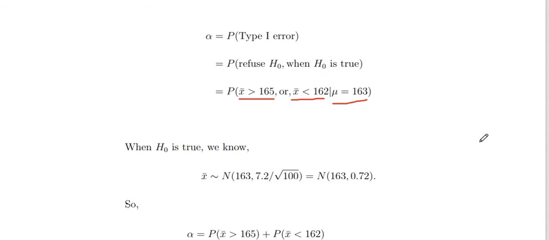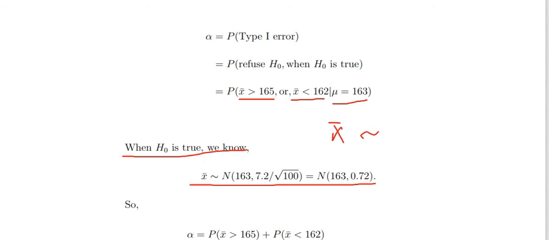For such a problem, we use quite the same process. When H0 is true, we can find the distribution for X bar. X bar follows this normal distribution, with mean mu and standard deviation sigma over root n.